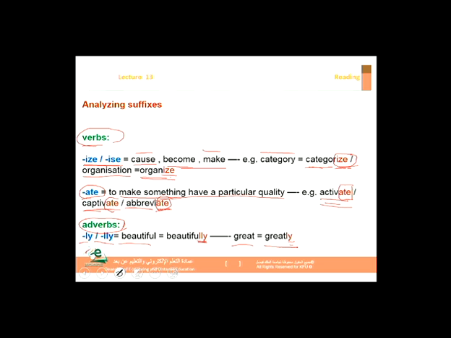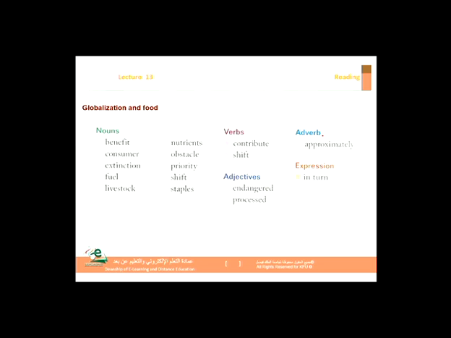All right, now let's move to the next topic, which is globalization and food. This will probably be the last reading selection that we are going to read together. In this passage, we have a number of vocabulary items categorized into nouns, verbs, adjectives, adverb, and expressions.